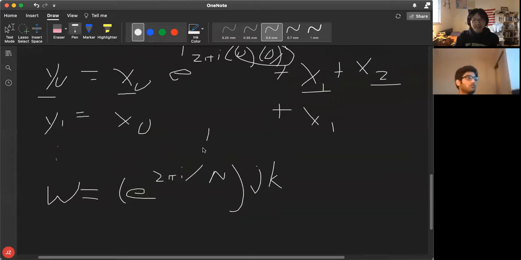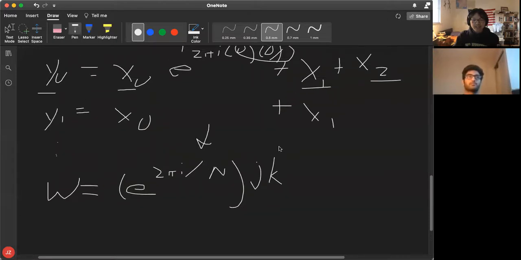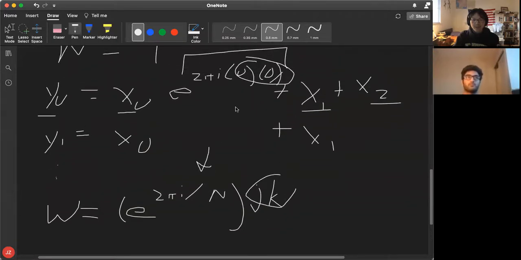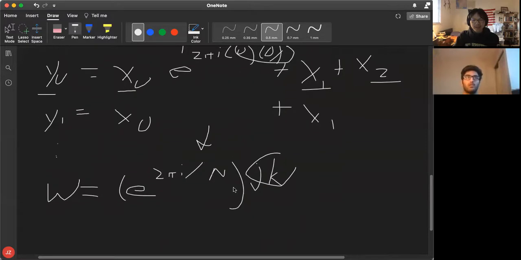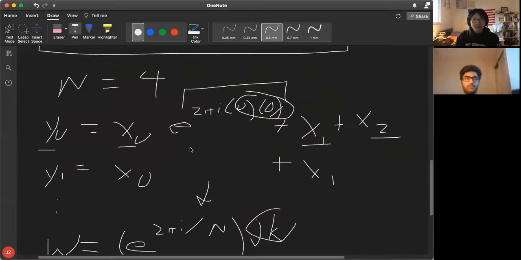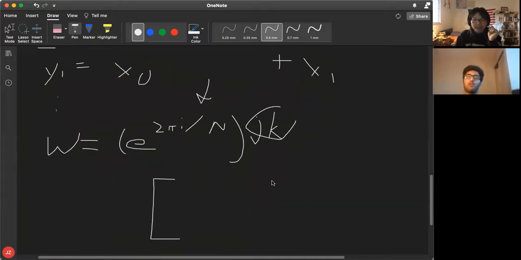So this is kind of constant, but the j and k will dictate the exponent on the omega, and as a result, we can take advantage of matrix multiplication and save ourselves a great deal of time. Instead of writing everything out sequentially, we can just put it into this nice matrix here.